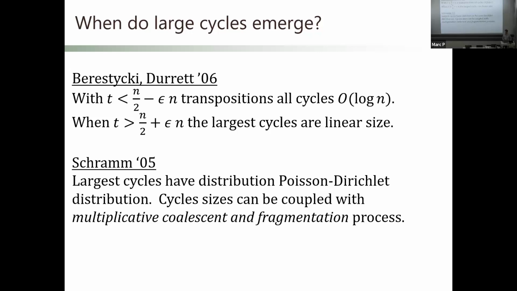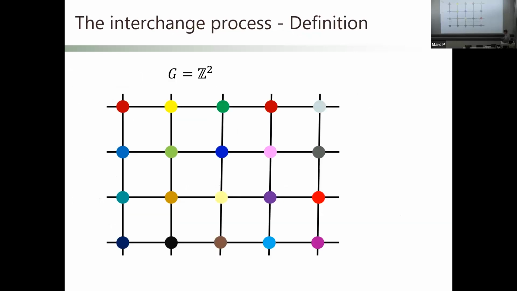Okay, so the interchange process that I'm going to talk about is like this random transposition model, but has an additional graphical structure on it. So I'll have some graph, and now each card will live on a vertex of the graph. Actually, I'm going to switch notation, since it's more standard to talk about particles on each vertex of a graph.